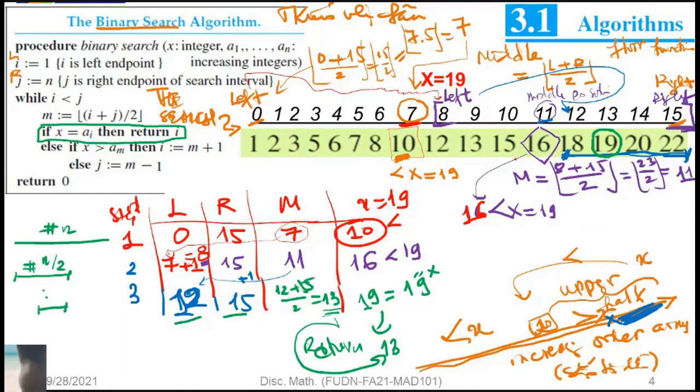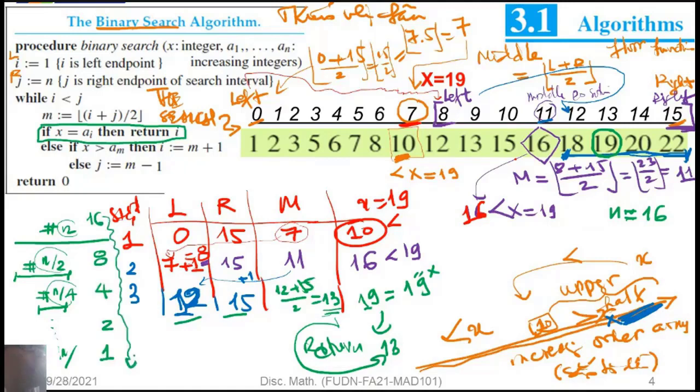Next step, the length is n divided by 4. Here we have n equal to 16, so the lengths are 16, 8, 4, 2, and 1. We do the first step, second step, third step, fourth step, and fifth step.